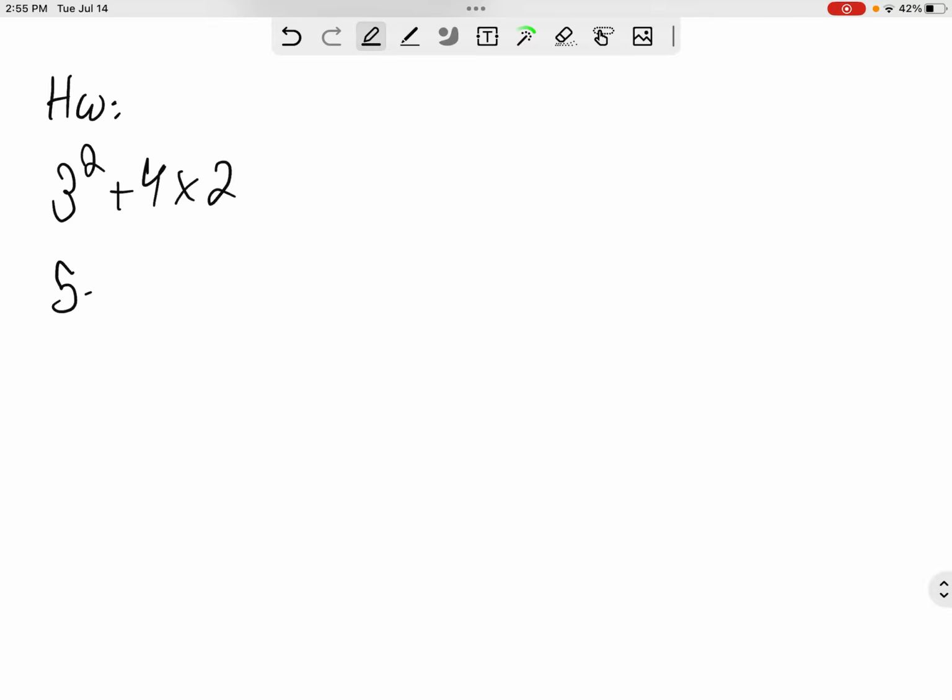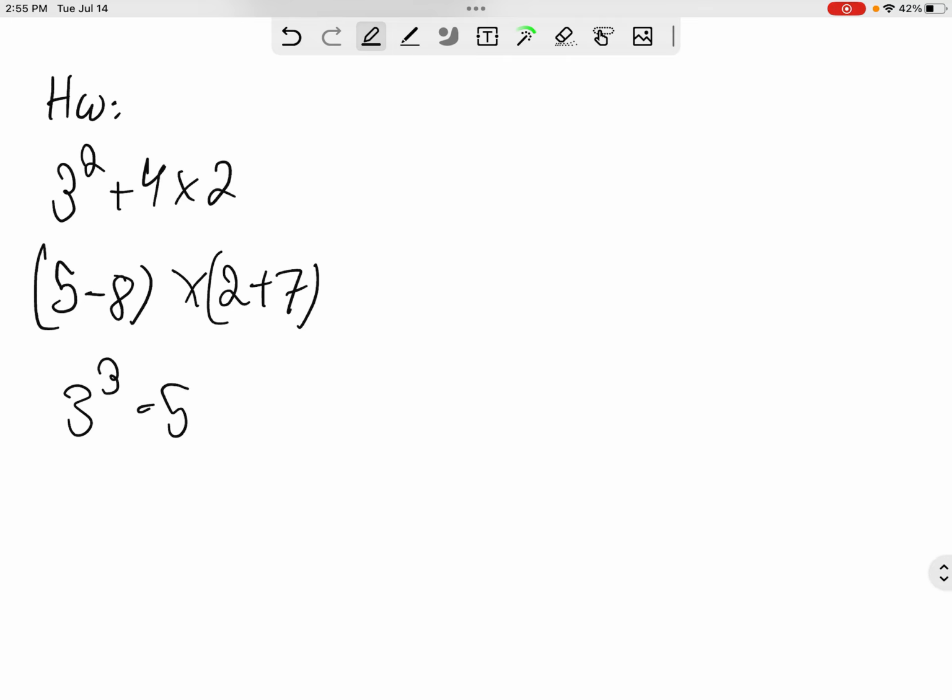Next one is 5 minus 8 in parentheses, times 2 plus 7. Next one is 3 to the power of 3 minus 5 to the power of 2, times 5 minus 8.